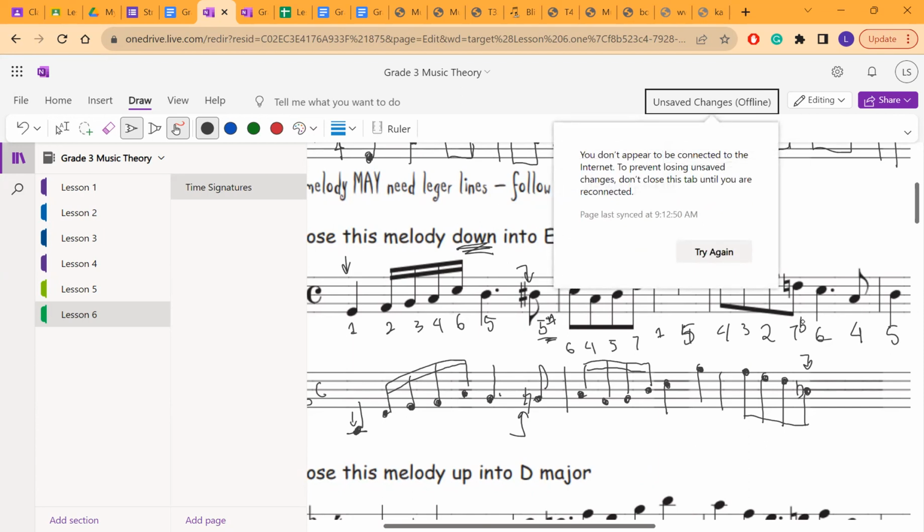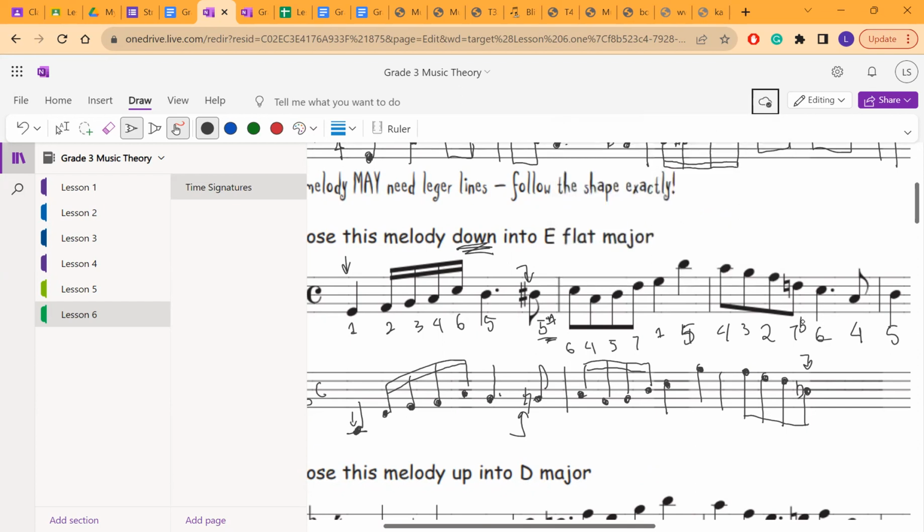So see, what accidental you need heavily depends on the key signature. You have to know which notes have already been sharpened or flattened by default by the key signature. And when you come across those notes in the transposed melody, you have to make sure that you don't use the exact same accidental, otherwise it wouldn't be the same.